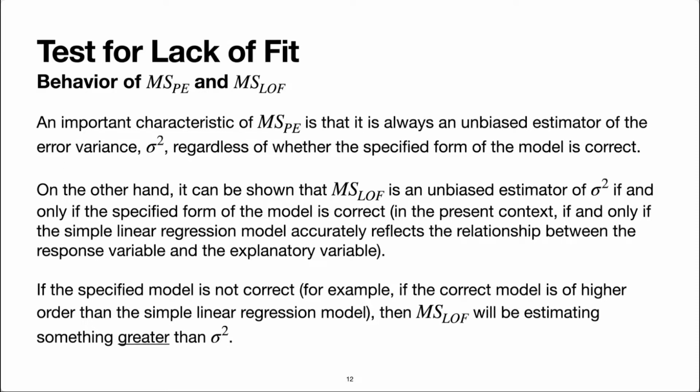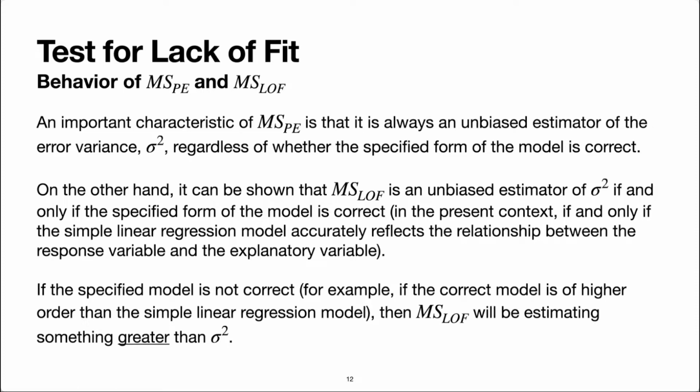Now, on the other hand, it can be shown that the mean square for lack of fit will be an unbiased estimator of sigma squared if and only if the specified form of the model is correct. So in the current context, the mean square for lack of fit will be an unbiased estimator of sigma squared if and only if the simple linear regression model accurately reflects the relationship between the response variable and the explanatory variable.